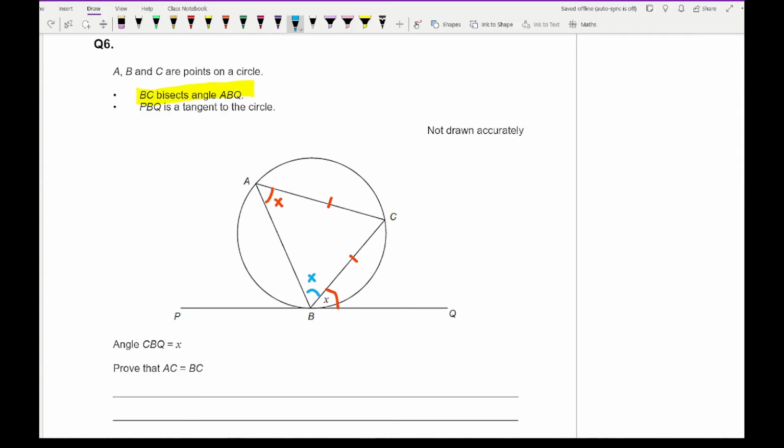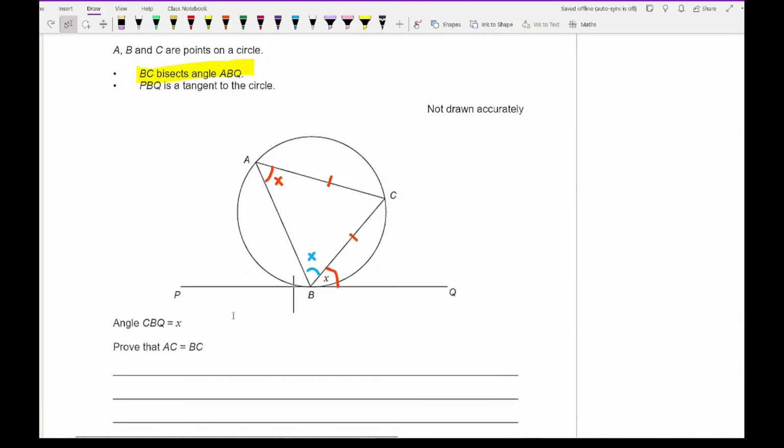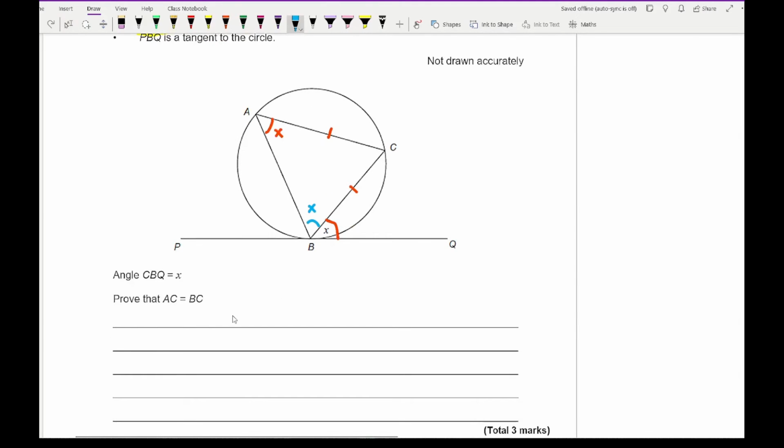So what we need to now do is actually write down the definitions for this properly. So let's start by doing this. So we know that angle BAC is equal to X or equal to CBQ. And the reason for that, which is always you need to write, is the alternate segment theorem.